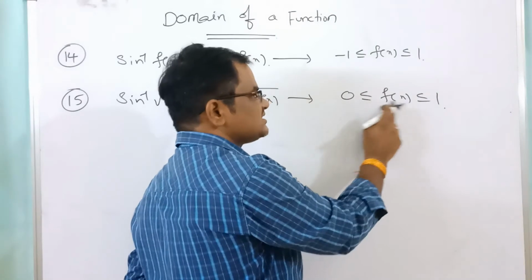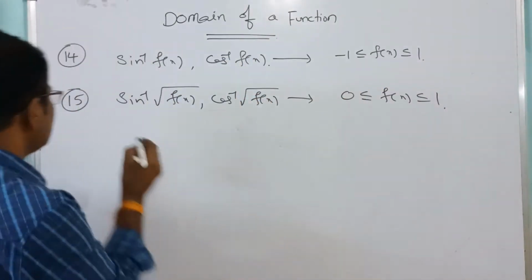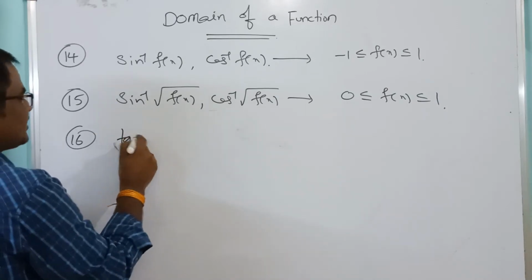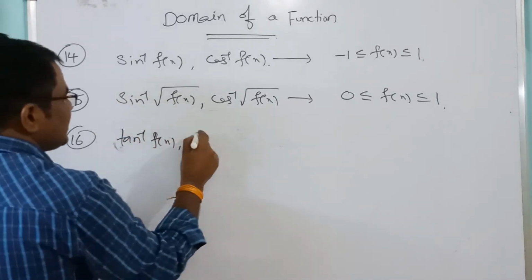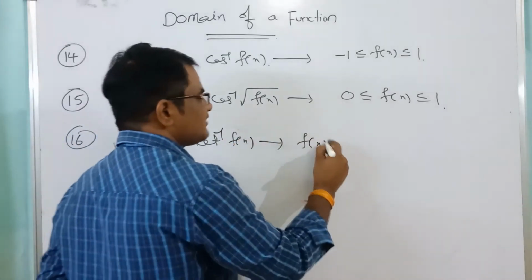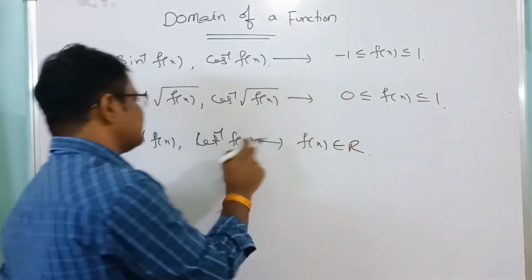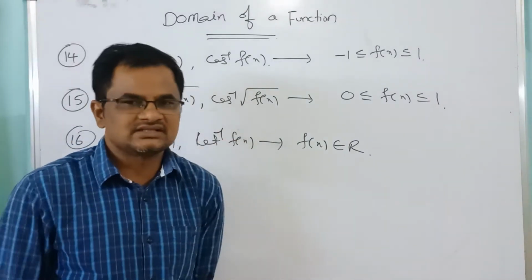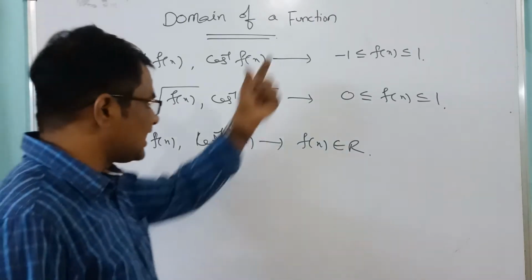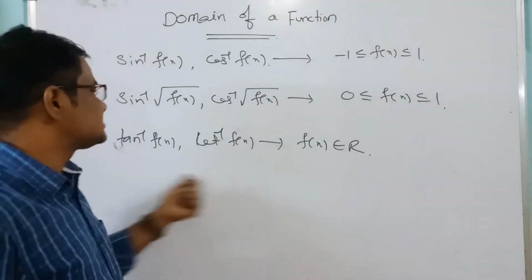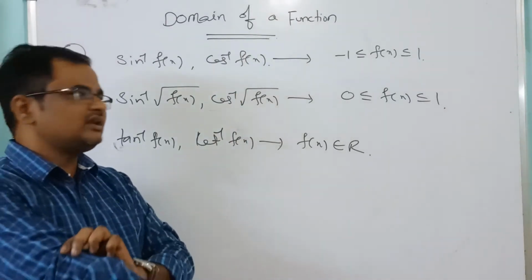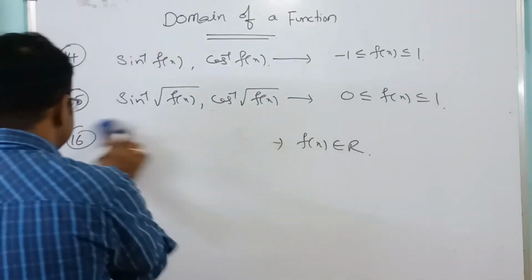Suppose tan inverse of f of x and cot inverse of f of x are given. Whenever f of x belongs to the real numbers, any real number you take, these two exist, right? So like this we have to take the conditions whenever they give these types of functions. After that only we find the domain of the given function, right?